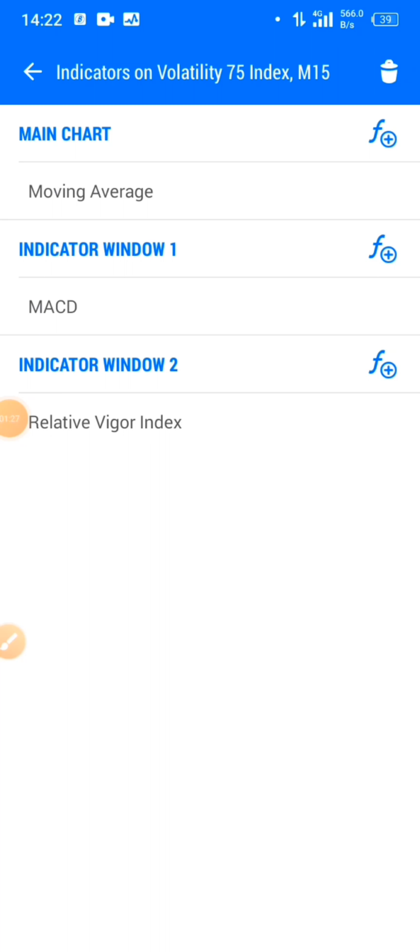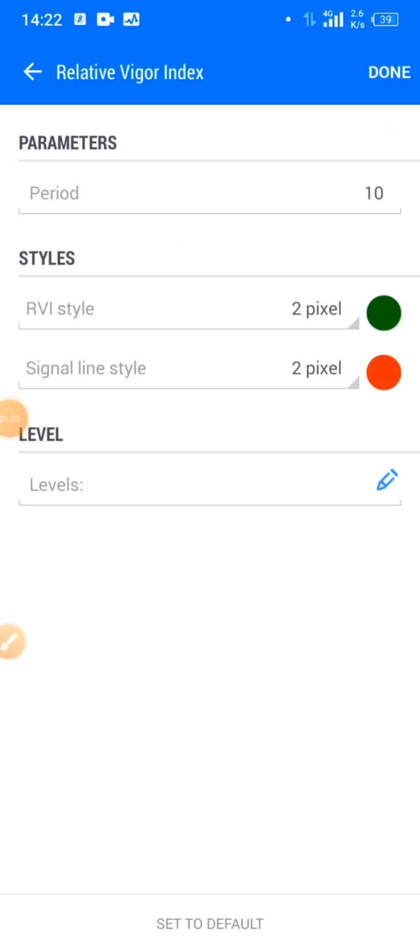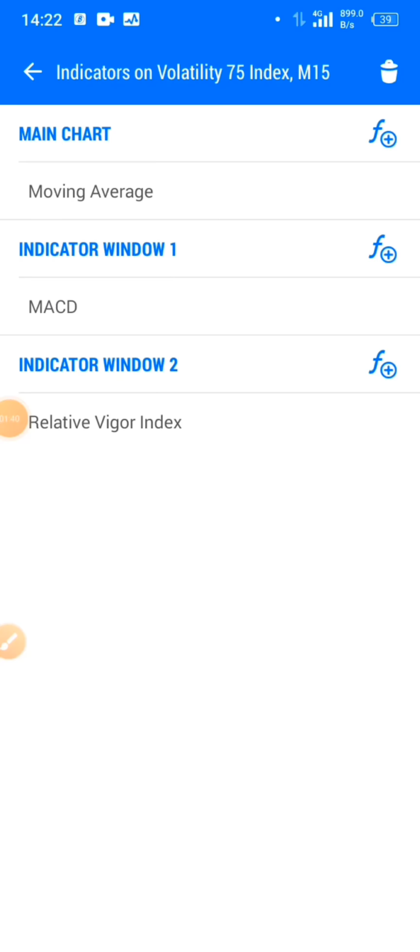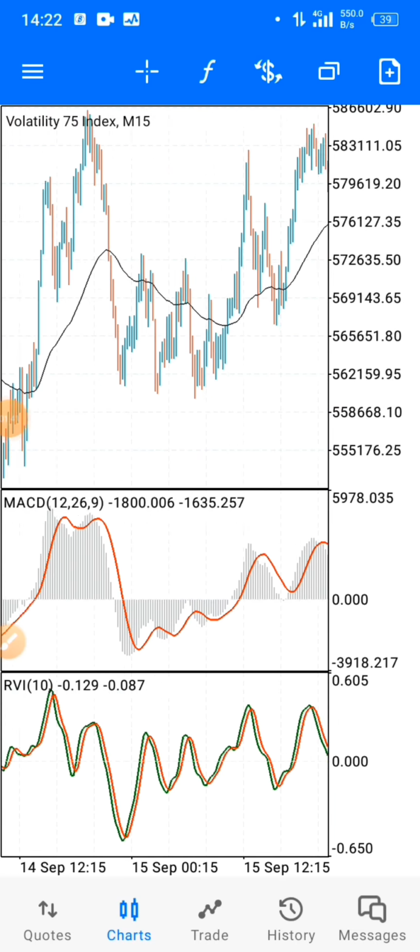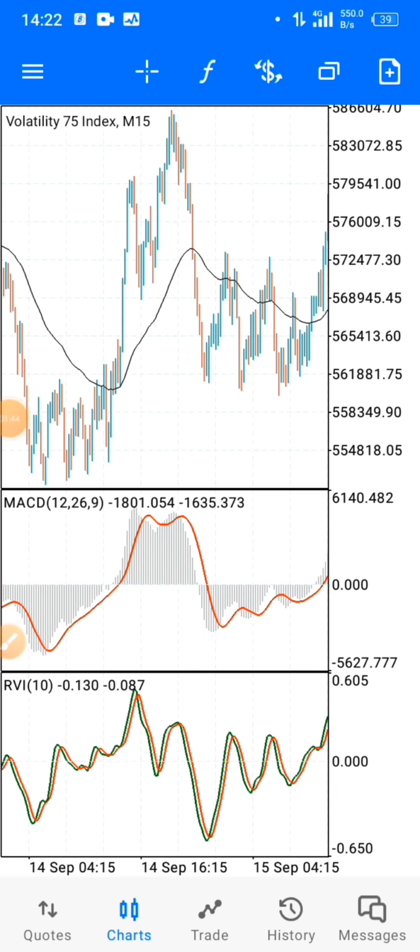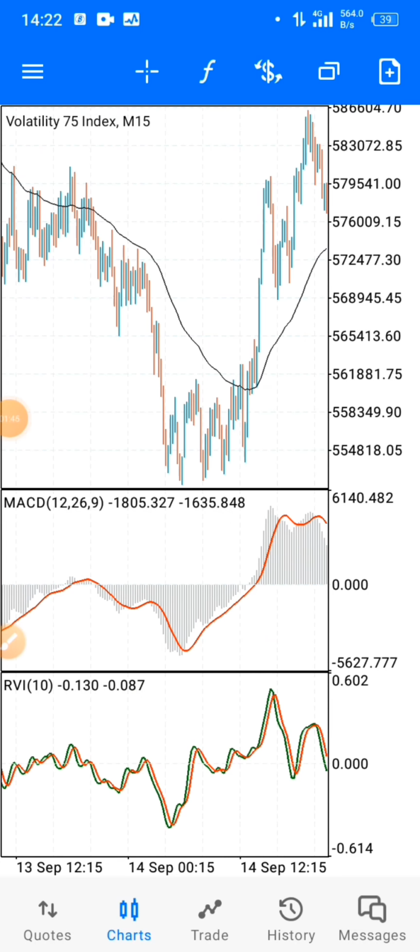And add another indicator window, and we're going to add the relative strength index, period 10. Then click done. So let me jump into the rules. Stay tuned until you hear all the rules.